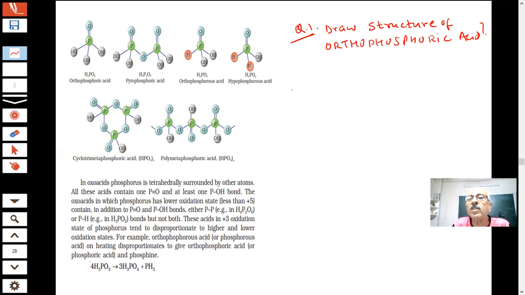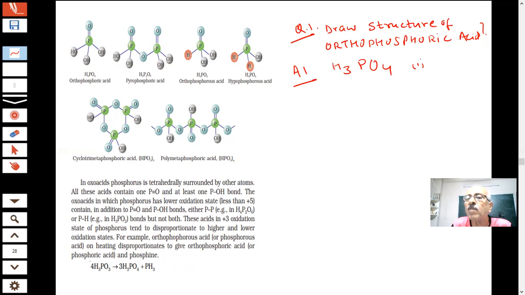What is the formula first of all? Orthophosphoric acid is H3PO4. In the exam it may not be given in the paper. Now, how do I do this question?